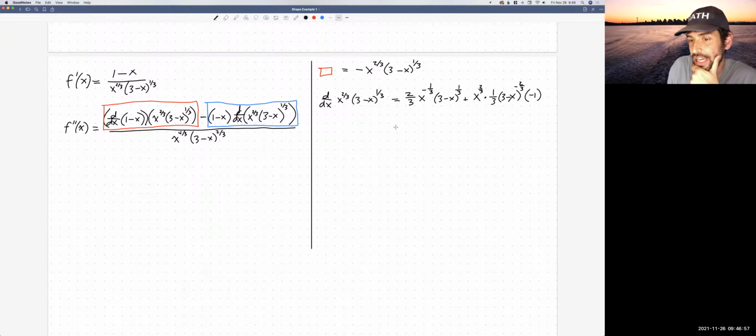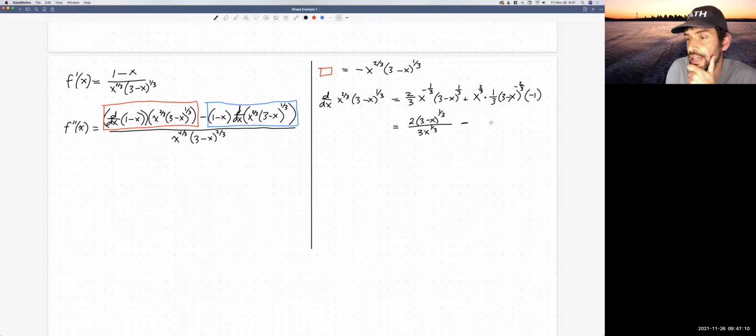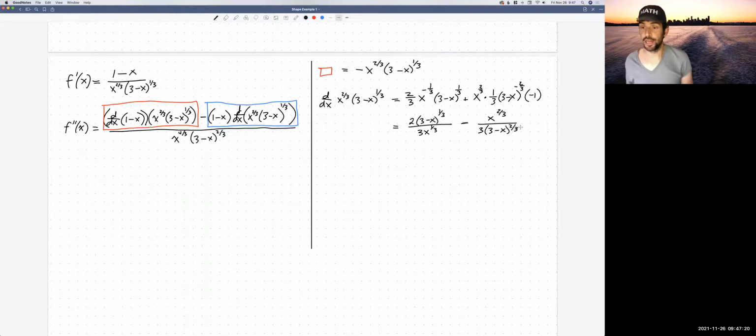I'm going to play the same game and write these as fractions. So I've got 2, 3 minus x to the 1/3 over 3x to the 1/3 minus, that's our -1 at the end there, and I've got x to the 2/3 over 3 times 3 minus x to the negative 2/3, so I put it in the denominator.